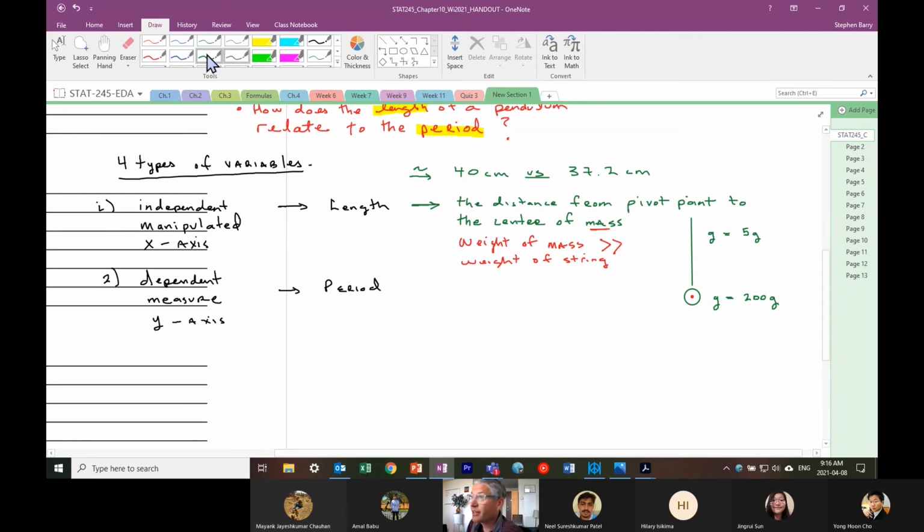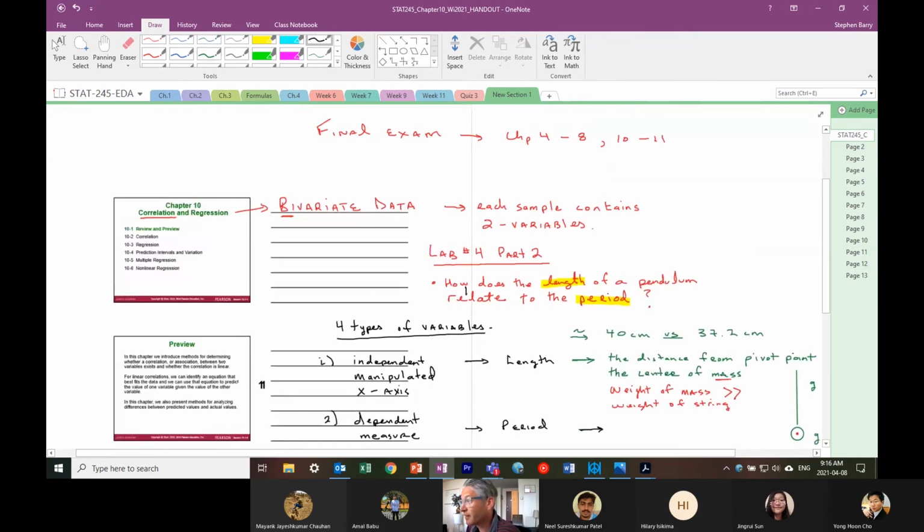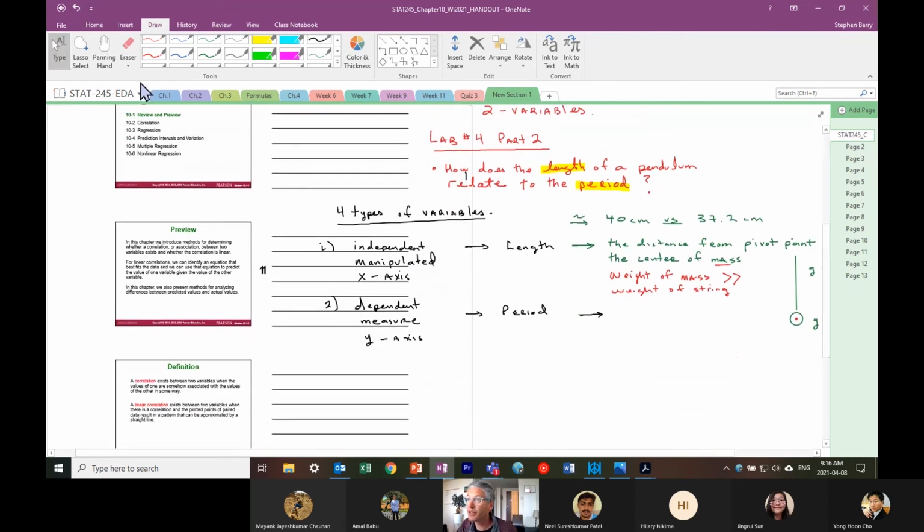Okay, the period, right? That's what you're going to measure with your stopwatch. That is the time. You're measuring it in terms of 5. I think in the protocol it says measure how long it takes for 5 oscillations, because it reduces human error, right?